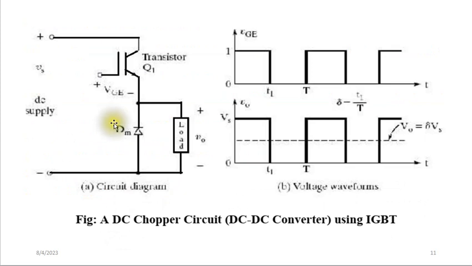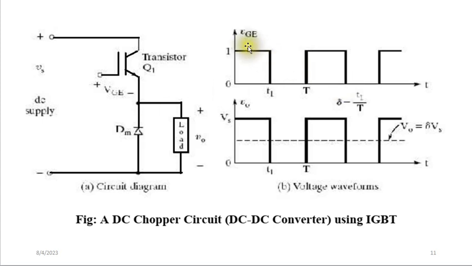A typical circuit diagram for the chopper is given here, where we are using a transistor as the main converting device, and this is our load with a freewheeling diode. The function of this diode is to prevent back EMF in case there is an inductive load.